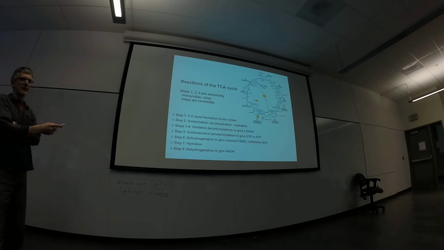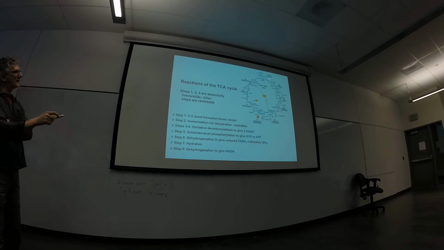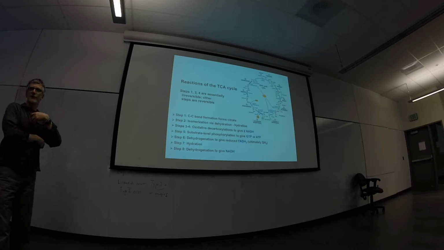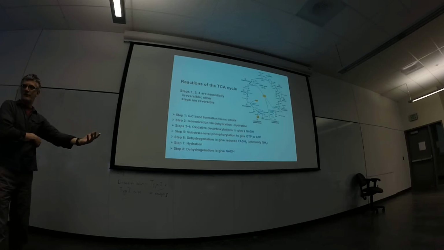You can follow it if you like. Then there's an isomerization step, a rearrangement kind of reaction, to go from citrate to isocitrate. There's isocitrate here. This is an intermediate that stays on the enzyme, the cis-aconitate. It's not something that's released and diffuses in the mitochondrial matrix.